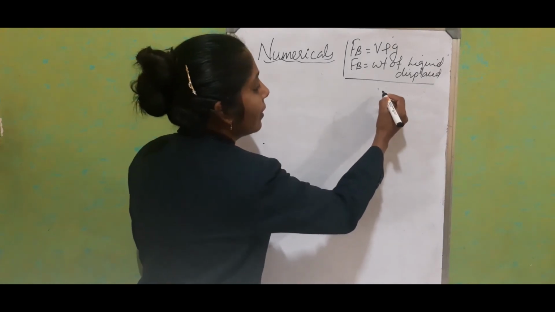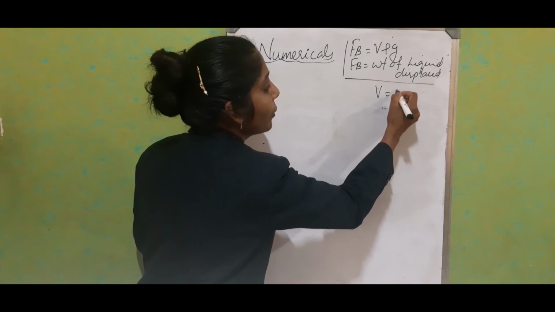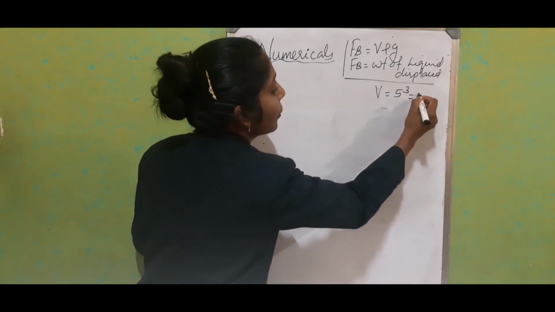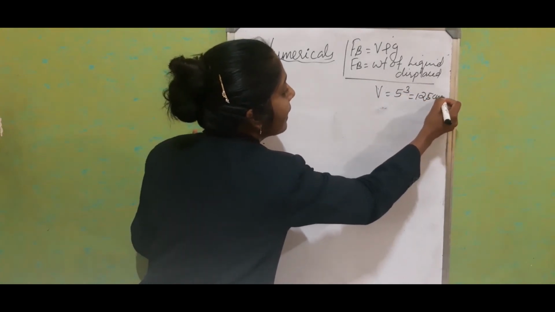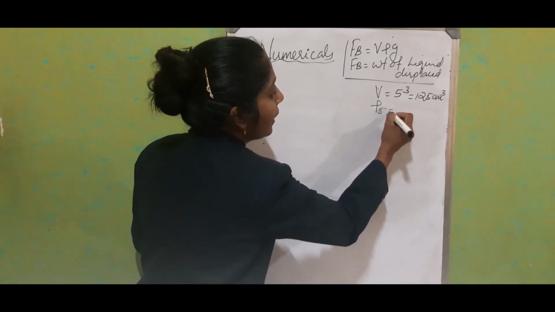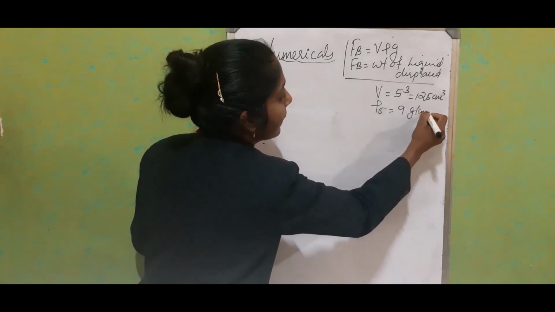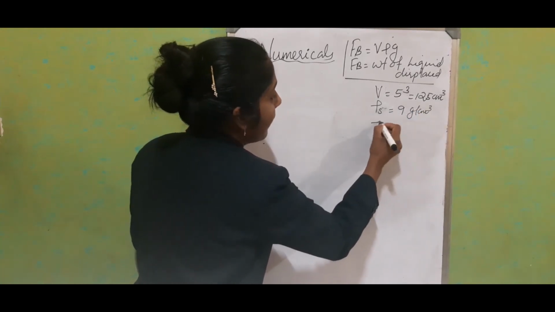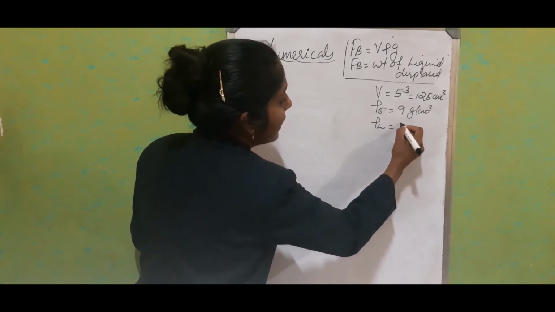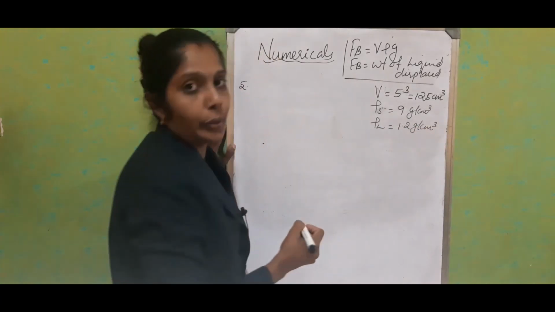Side is given as 5, so volume is 5 cubed, that is 125 cm³. The density of the solid is 9 gram per cm³, and the density of the liquid is 1.2 gram per cm³.